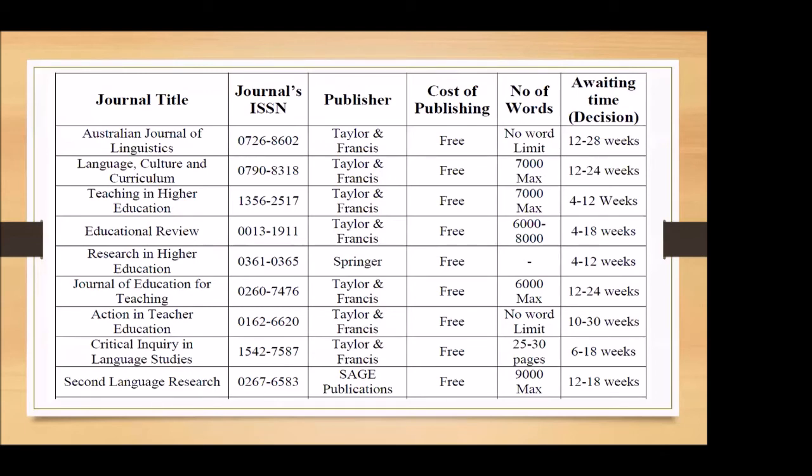So for example, if you are a graduate student and you are thinking, of course, about your graduation, you have to think about this. You don't send an article for publication without considering this issue.